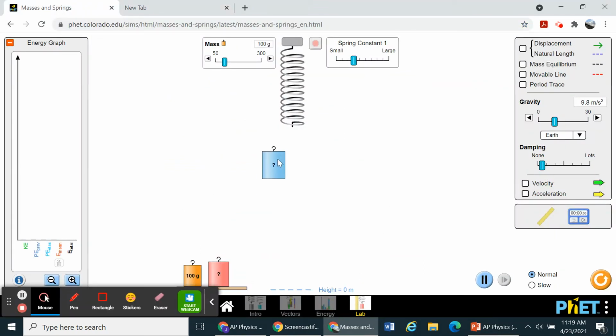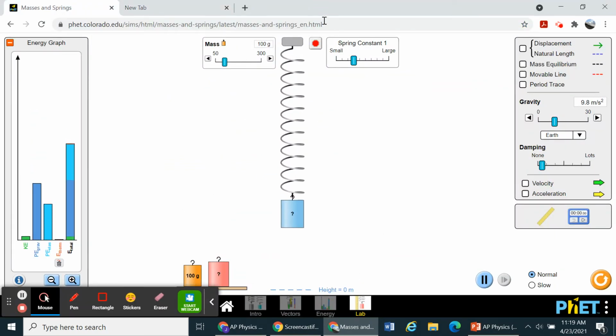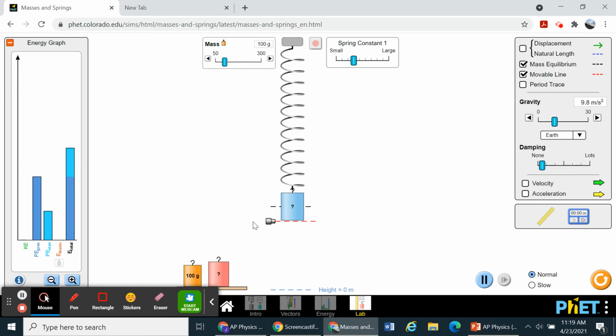Everything is the same. Notice here, if I hang this mass on this spring and I show the mass equilibrium line, and I add this movable line here, notice if I put out this ruler and line up the 10 centimeter line because it'll be easier to talk about.